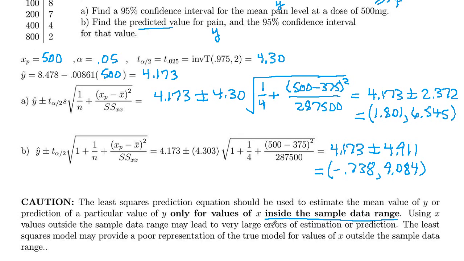So your least squares model will provide a poor representation of the true model when your values are too far outside that data range. And unfortunately, the TI-84 does not have a built-in function to do your confidence interval for the mean and confidence interval for the predicted value.